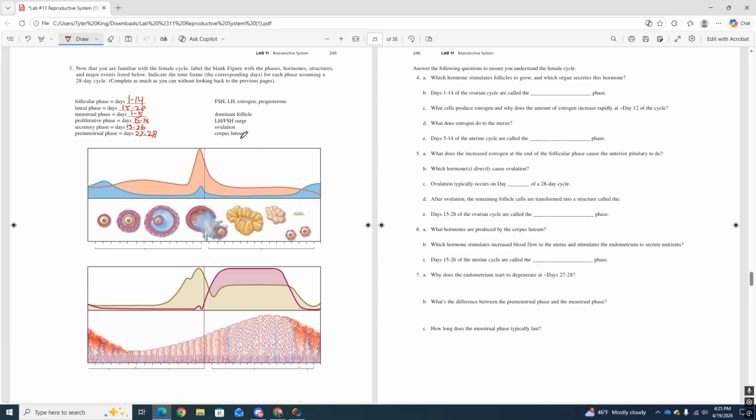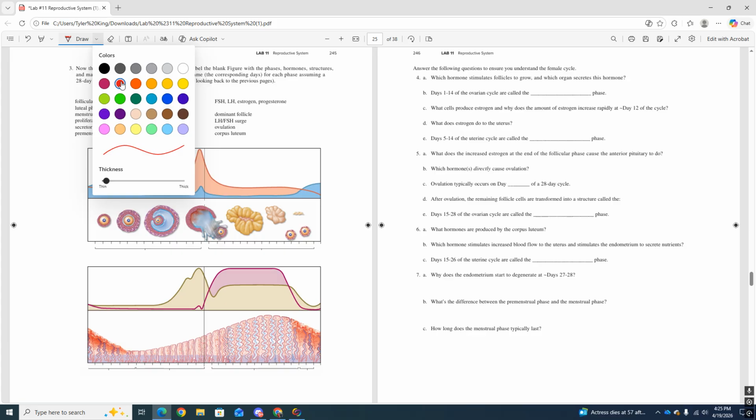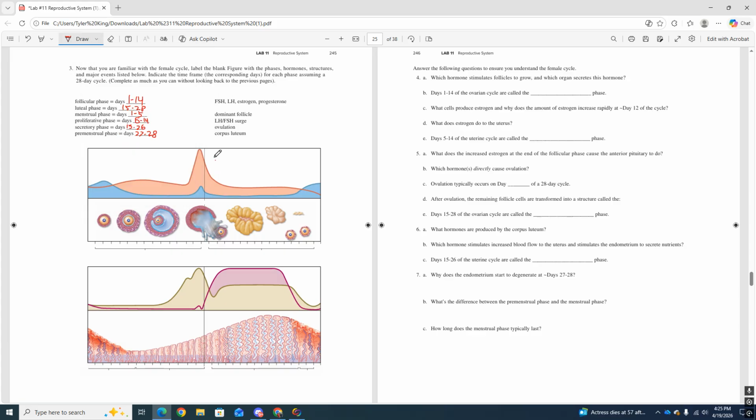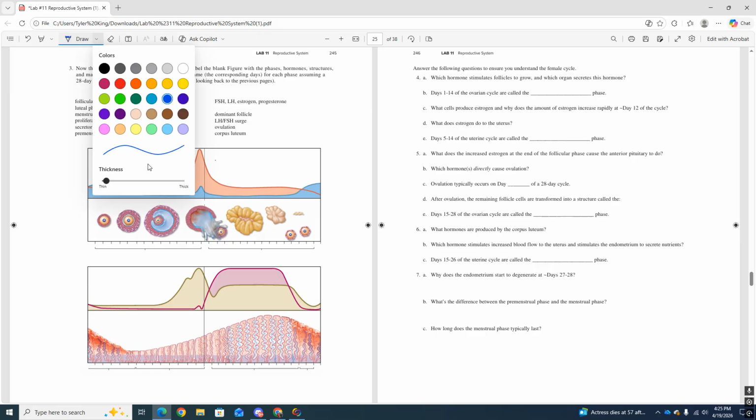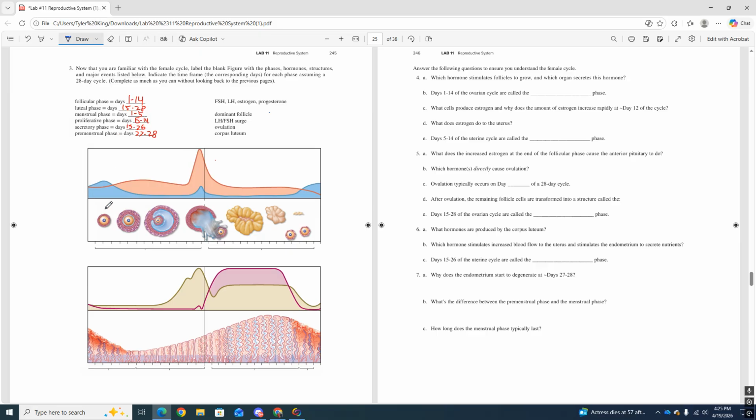So let's start with the FSH and the LH here. I'll get my colors right too. Your FSH is going to be the one in the blue down here. This FSH right here. And then we have LH, which is the one in red.